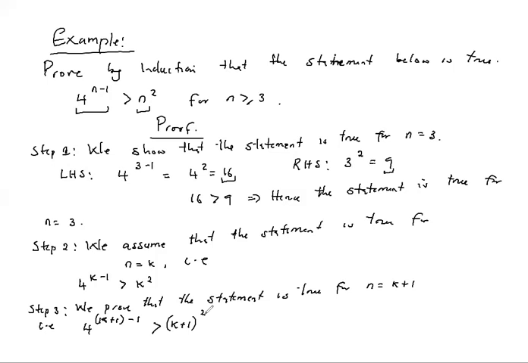Sir, can we substitute step by step? Direct is a bit confusing. On the left hand side, you have just substituted exactly. So where we had n, we now have k plus 1. So instead of writing n here, I've written k plus 1.